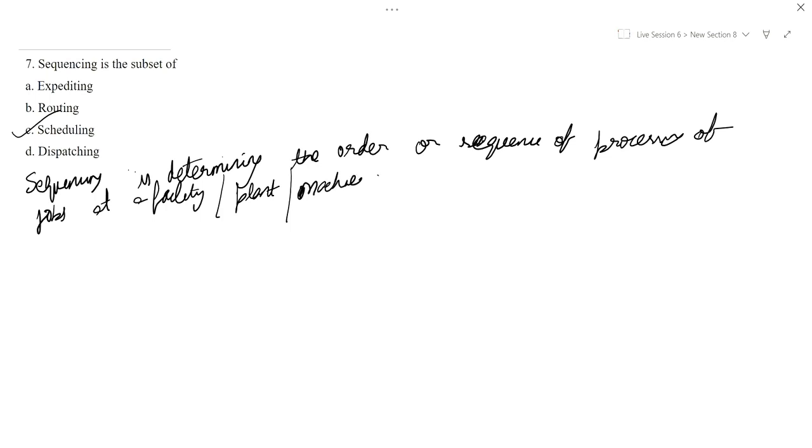Now, we know that sequencing is a part of scheduling.